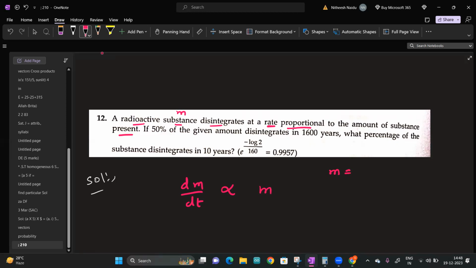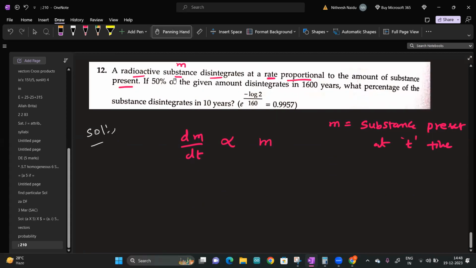What is m? Substance present at time t. At t time, what is present? Substance, that will be m. Okay, so you can write dm by dt.